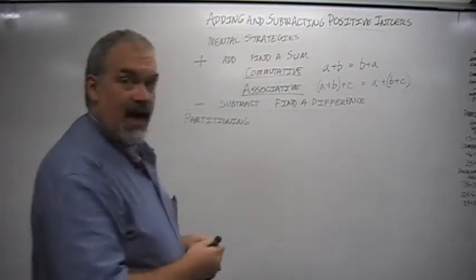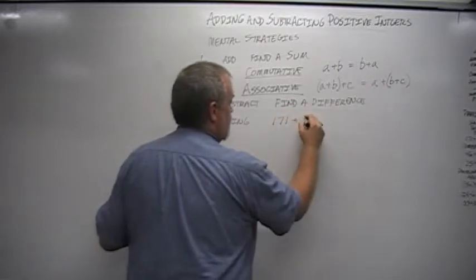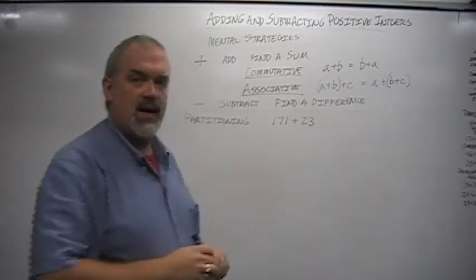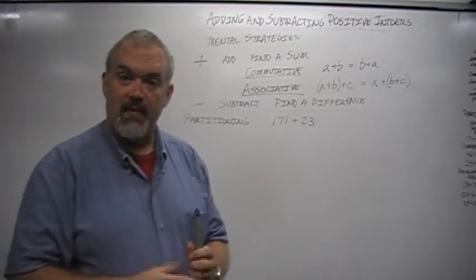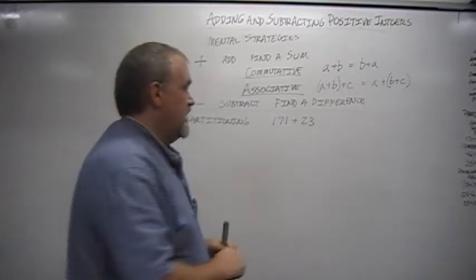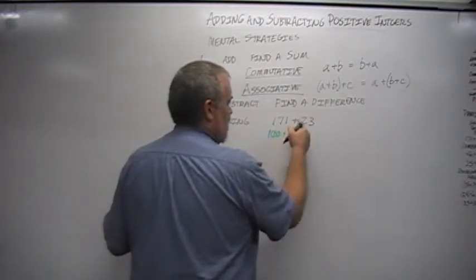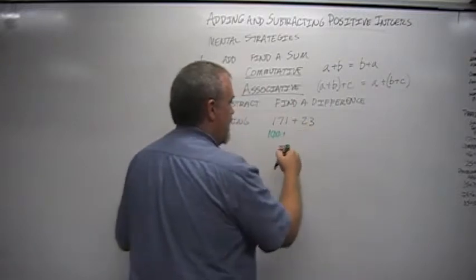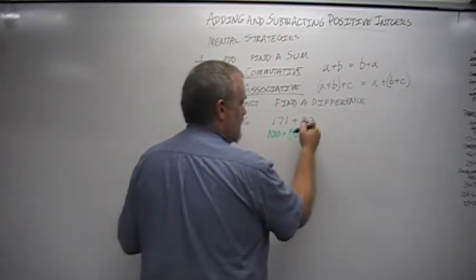Let's say that we had 171 plus 23. Now, some of you might already be able to just add that in your head, but one way that we can think about that number that may make it easier for us is to say this is 100, there's no hundreds place there, plus 70, that's the 7, plus 20.